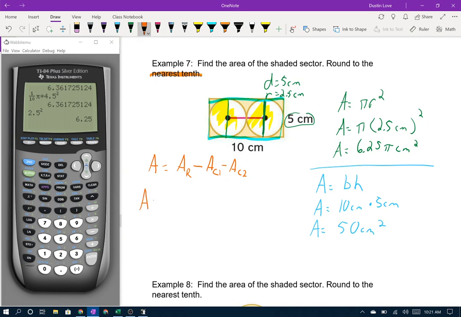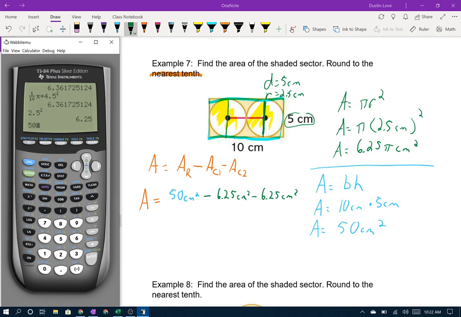All right, now let's plug this in. Area of the rectangle, which is 50 centimeters squared, minus 6.25 pi centimeters squared minus 6.25 pi centimeters squared. Oh, I made a mistake.